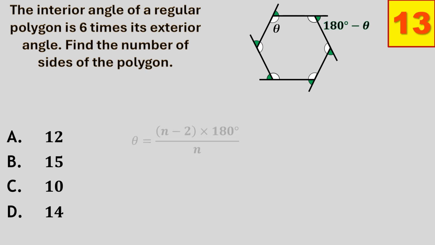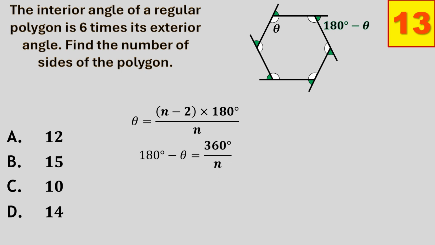Now, this is the relationship between the interior angles and the number of sides, represented by n. And the exterior angles are 360 degrees divided by the number of sides. In the polygon we are dealing with, the interior angle is 6 times the exterior angle.